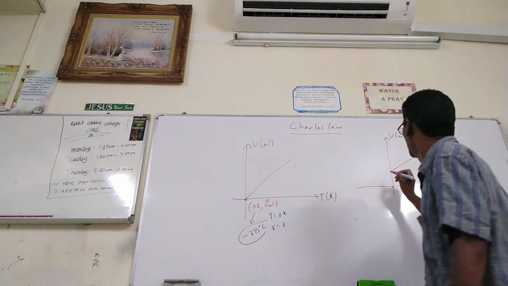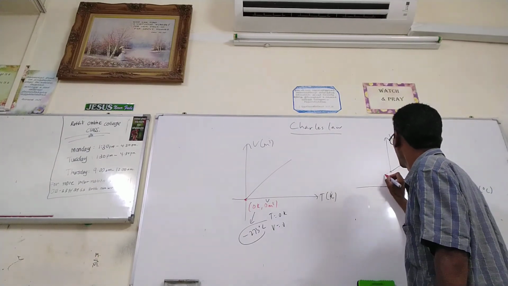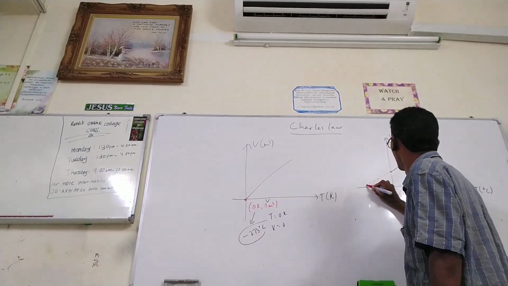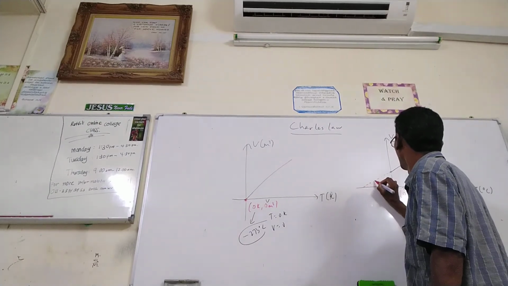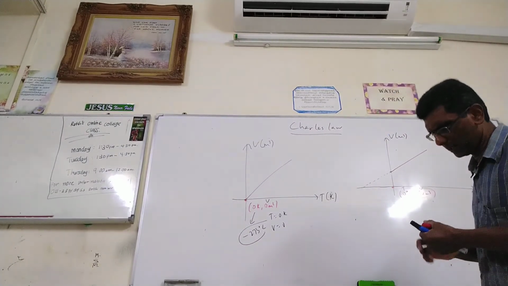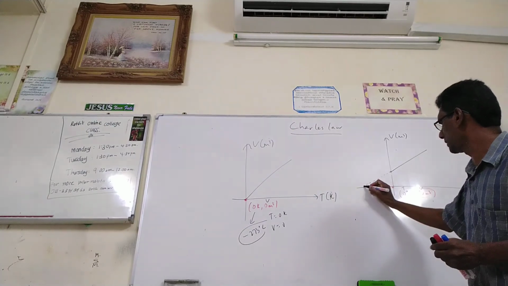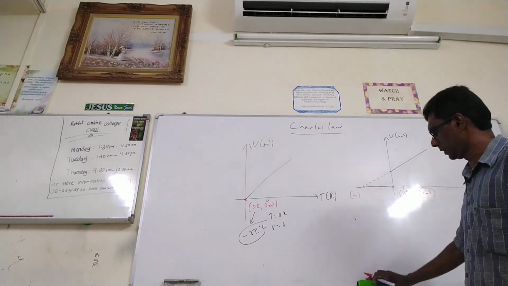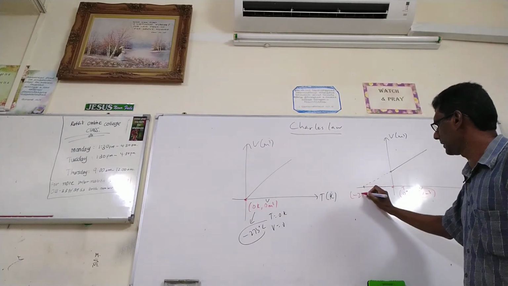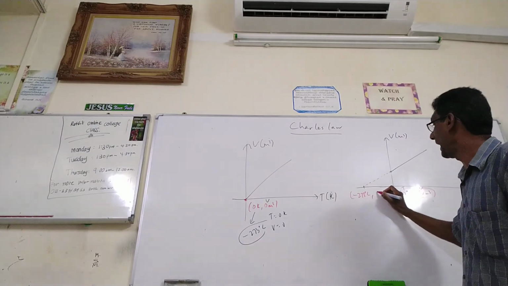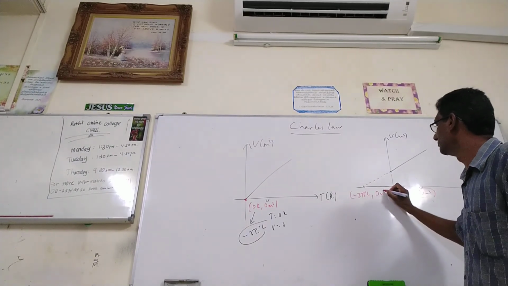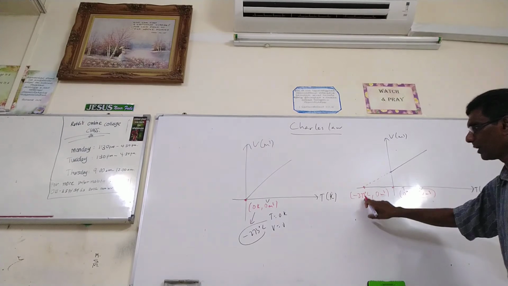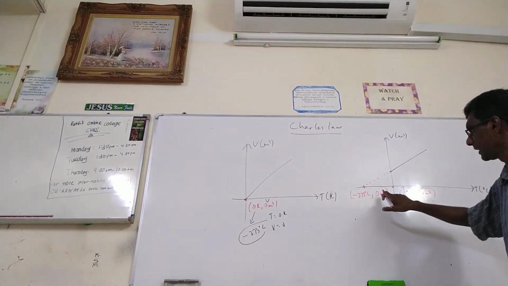Okay, this graph we extend to the back. At the back, this point is negative 273 degrees Celsius and 0 meter cube. At negative 273 degrees Celsius, the volume becomes 0.